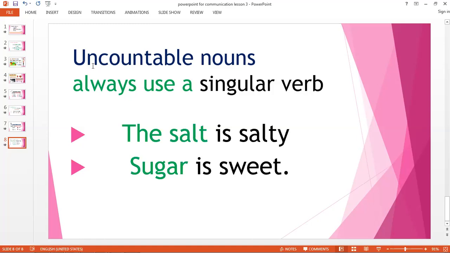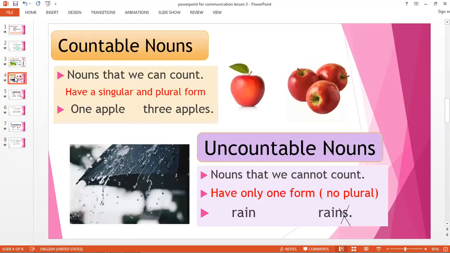Countable nouns are words that can be used in a plural form and can also be used in a singular form. But an uncountable noun is just a noun that we cannot count, so you cannot use the singular and plural forms with it.